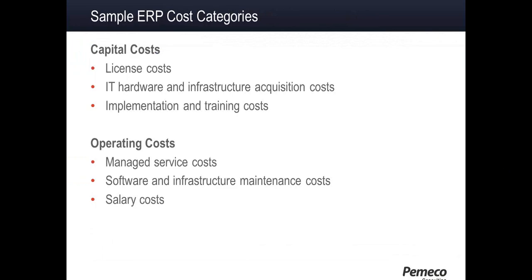Thanks, John. As John said, at this point we've taken a look at the as-is, and we've identified opportunities for benefit and where technology might enable those benefits or support improvements. To the extent that we can, we've put some quantification to it.